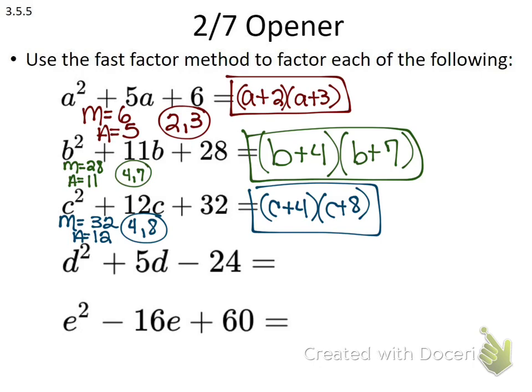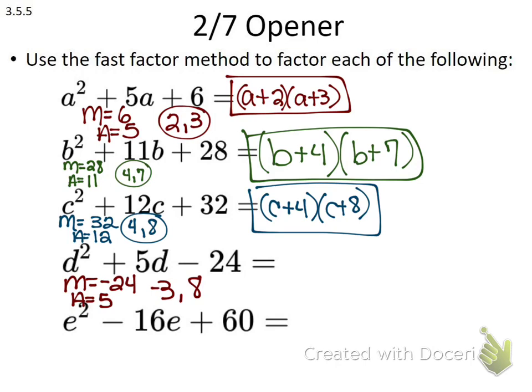Ooh, next one has a negative in it. Riley. The M is negative 24. Good. Take that negative with it. And then A is 5. Okay. And 4 times 8, or negative 3 times 8. So I'm using 3 and 8, and it's going to be a negative 3 because my M is negative.